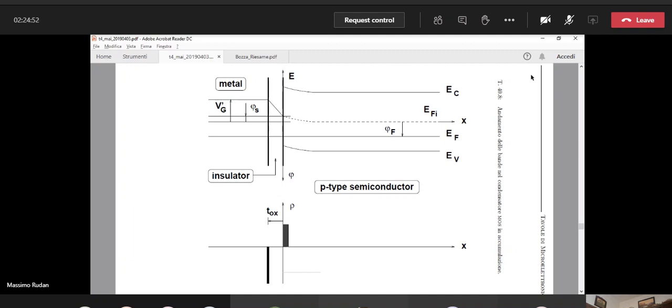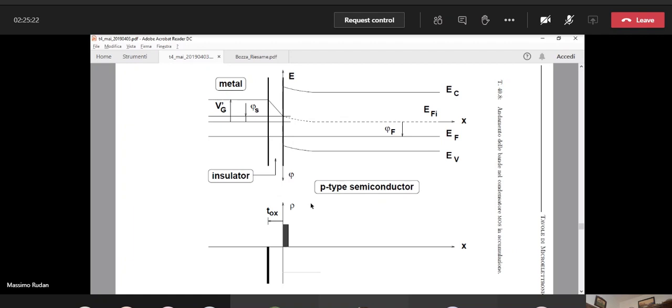That means that in this case we have, in this diagram in which the positive orientation of the axis of the electric potential is downwards, we have that Vg prime and phi s go up in the figure with respect to the zero because they are negative. So the bending of the bands is upwards. Okay.